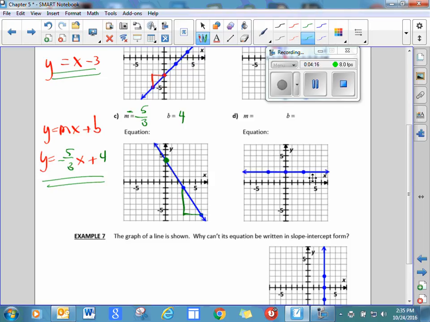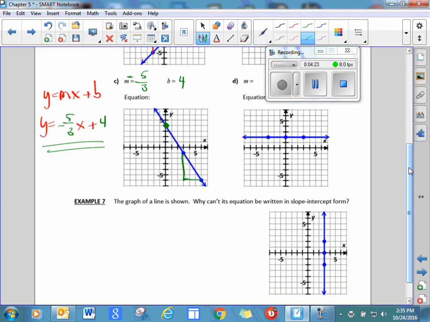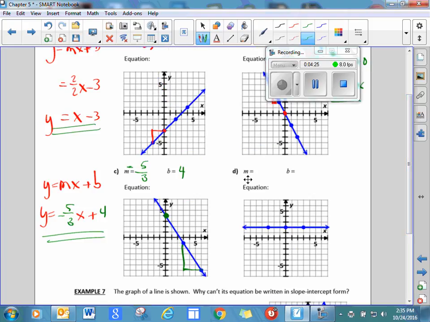Now we've got a perfectly horizontal one and a perfectly vertical one. And these, as you know, are sort of the exceptions in the way we write them. So this guy, he's perfectly horizontal. If you go back to your notes, his slope is 0 because he has no rise. He does not rise up or down. So his numerator is 0, which makes the entire quotient, the entire ratio 0.